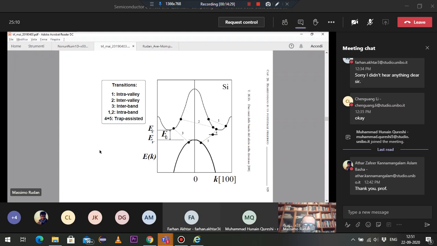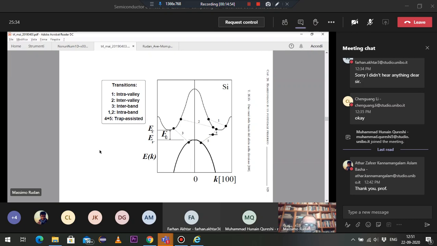This number typically is very large. If you take, for instance, a cubic centimeter of silicon, the number of atoms in this cubic centimeter is 5 times 10 to the 22nd.